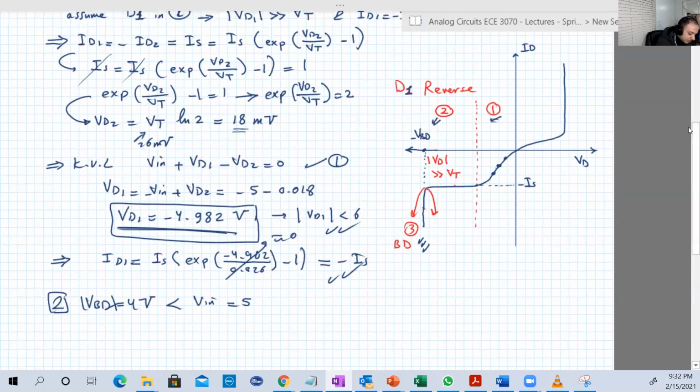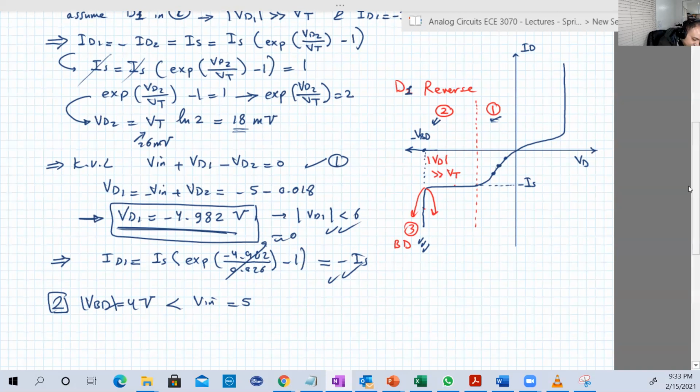From 1, we discovered that VD1 is equal to minus 4.9, so its magnitude is greater than 4. And at that time, the input was 5 and breakdown was 6. So that means if the breakdown is, as a magnitude, less than 4.9, then with that input, D1 should go to breakdown.